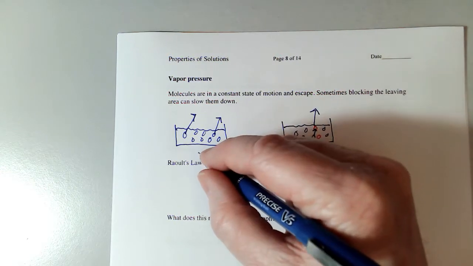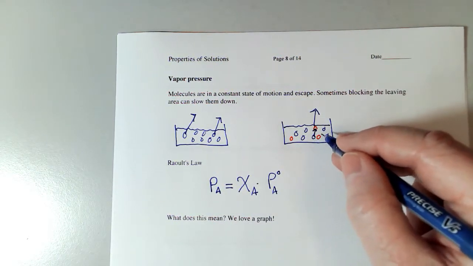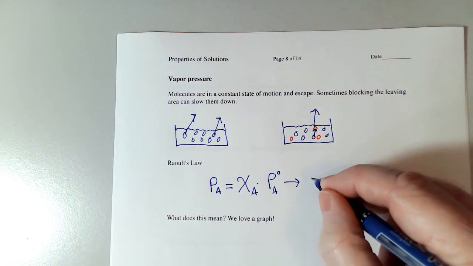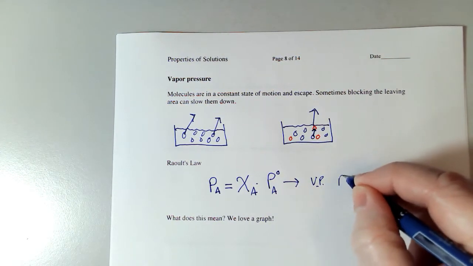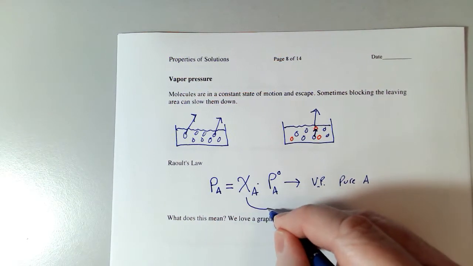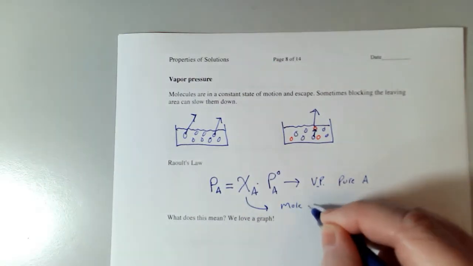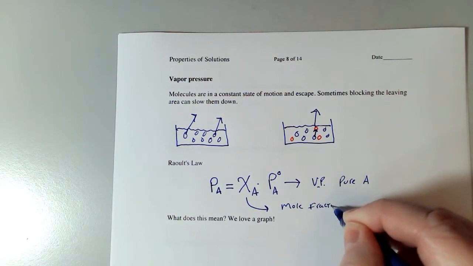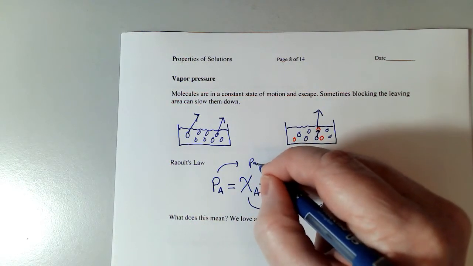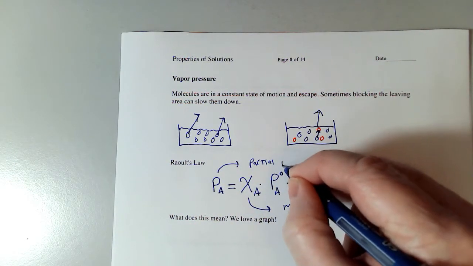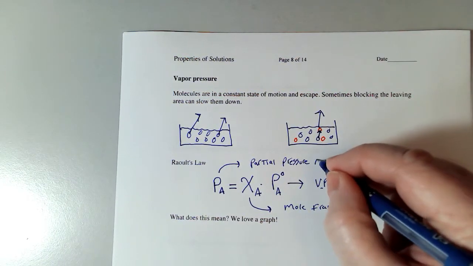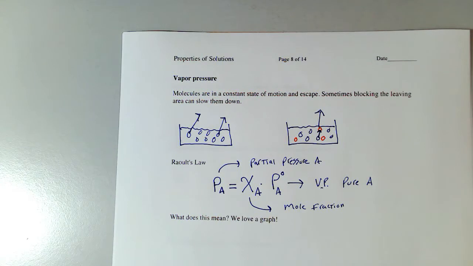So this would be pure A, and this would be a solution of something dissolved in A. So that term is the vapor pressure of pure substance A. This is just the mole fraction. And this is the partial pressure of A above that solution.